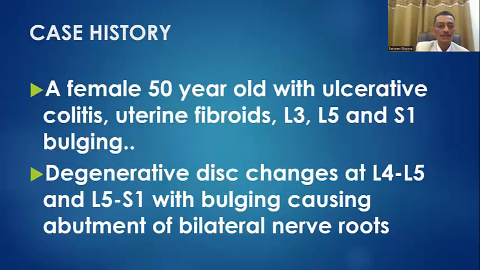Case history: a female around 50 years old with ulcerative colitis, uterine fibroids, L3, L5, and S1 bulging, degenerative disc changes at L4, L5, and L5, S1 with bulging causing abutment of bilateral nerve roots.